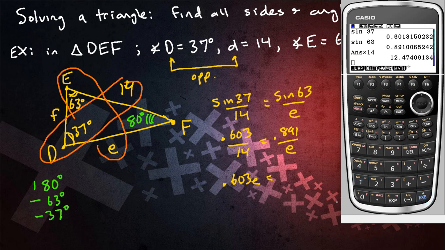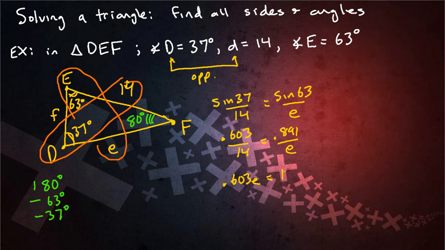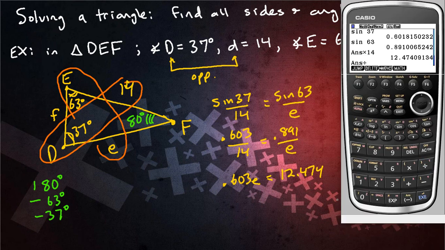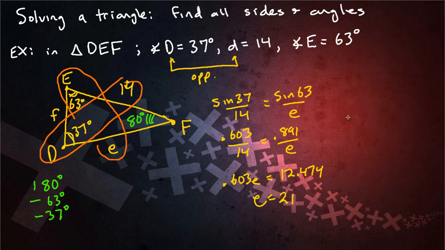I get 12.474. Now I'll divide by that 0.603. And I get 20.686, so I'll just call it 21. E is 21. You just round to whatever spot the directions tell you.